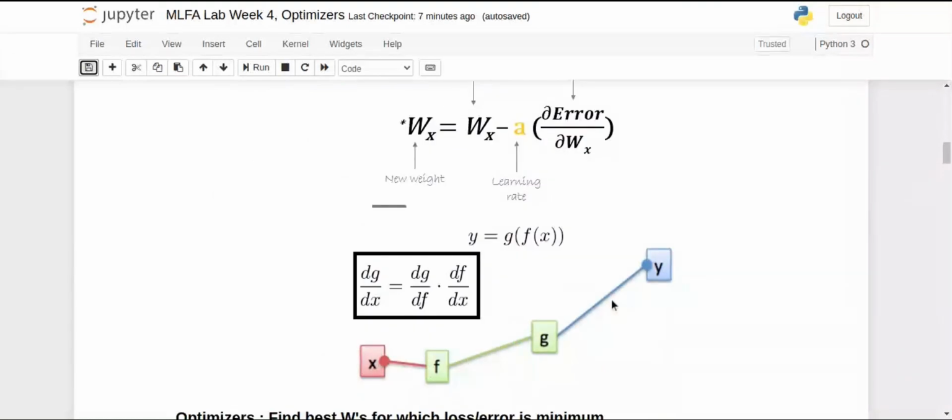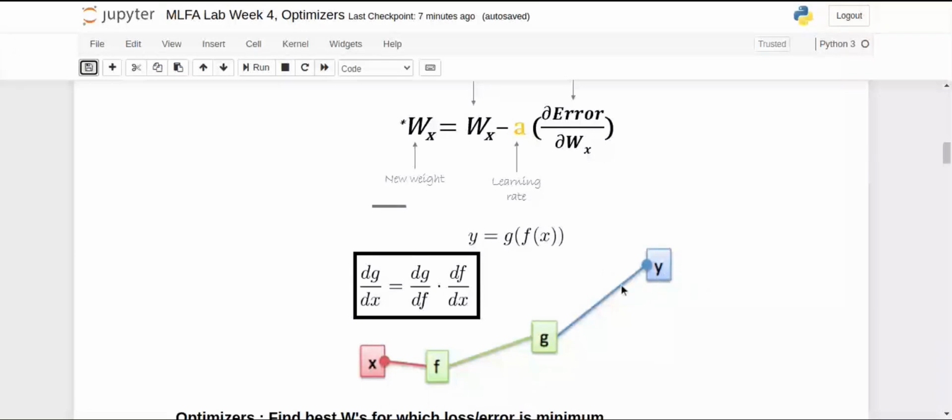Take a simple example. Suppose there are input x and output y, and two layers: the input layer f and the output layer g. First we calculate the loss, then differentiate it, and then backpropagate it through this network.